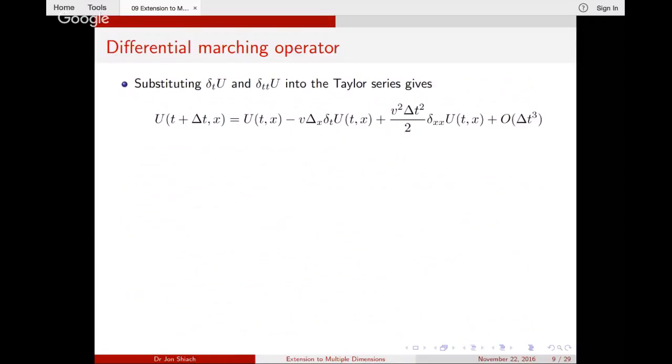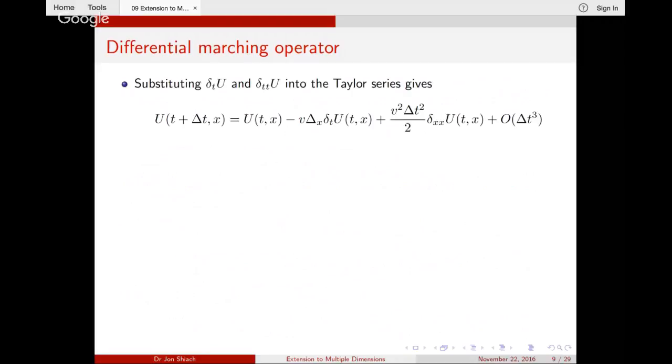There's a slight typo on the slide, I was just messing about with these slides just now. That shouldn't be a subscript x, that should just be a T. It's right in the notes.